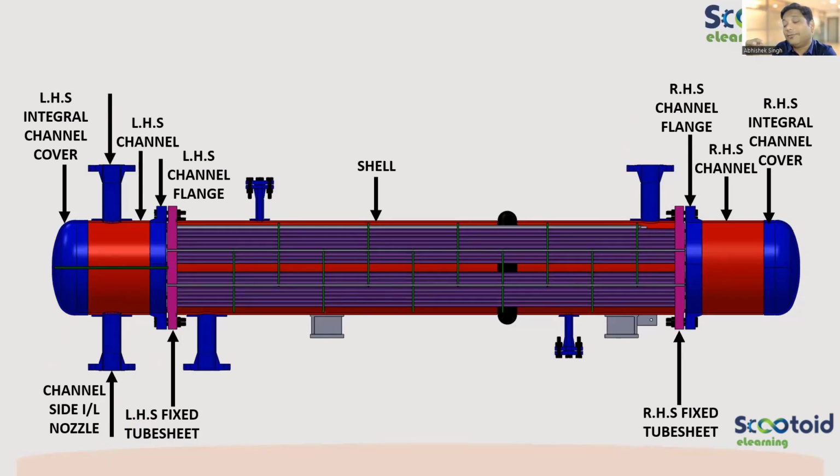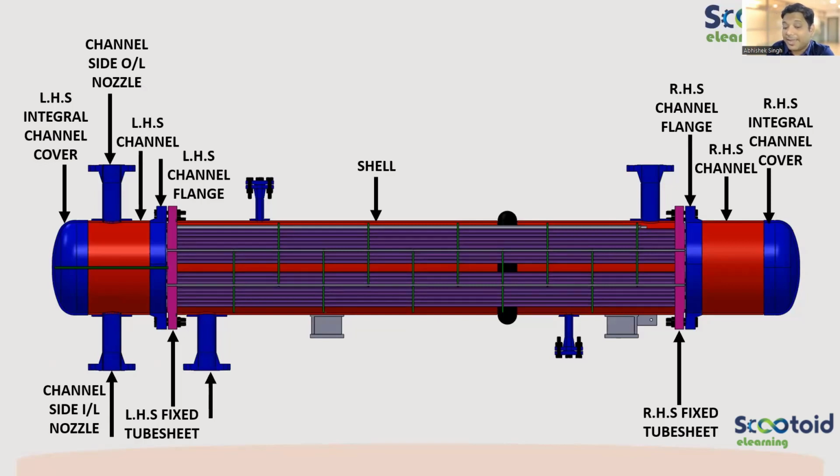If the flow is coming from the top, then the top will become the inlet nozzle. If the flow is coming from the bottom, it will become the inlet nozzle. So that will depend. Nothing is fixed. The configuration will depend on how the flow is. So in our case, the top side is the outlet, so we're calling it channel side outlet nozzle.